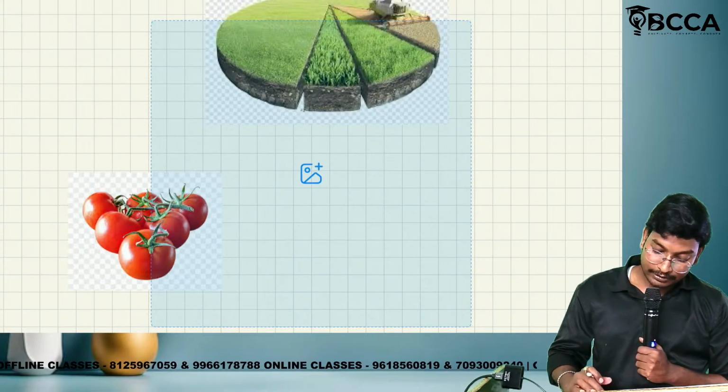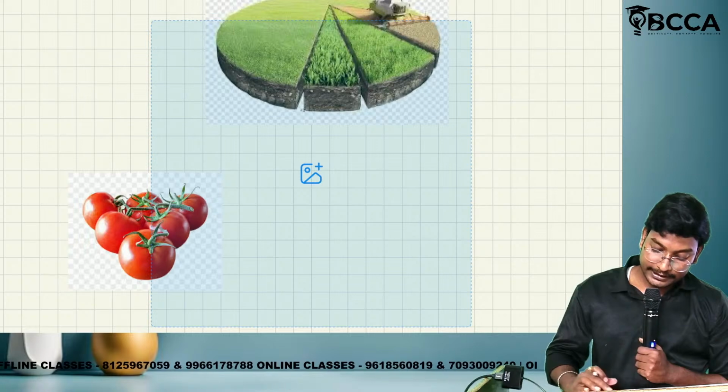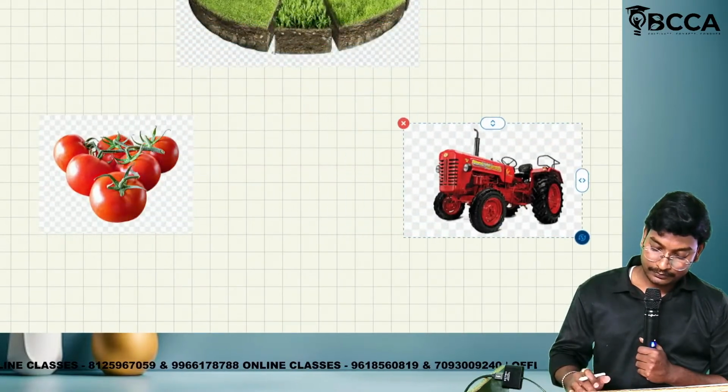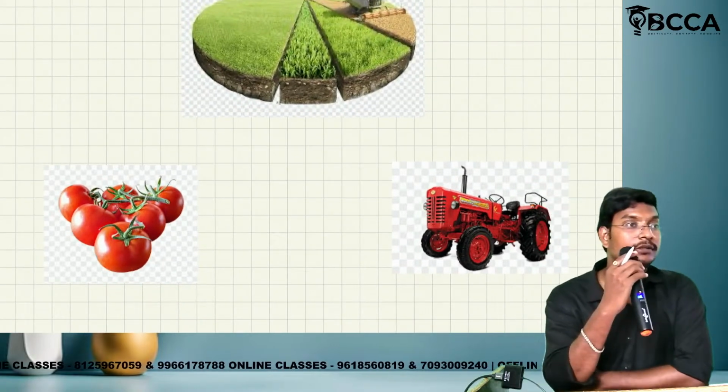Next, what do we need? We need a tractor. What is the use of the tractor? In order to get the land ready to cultivate, we need a tractor and we need a farm labor.